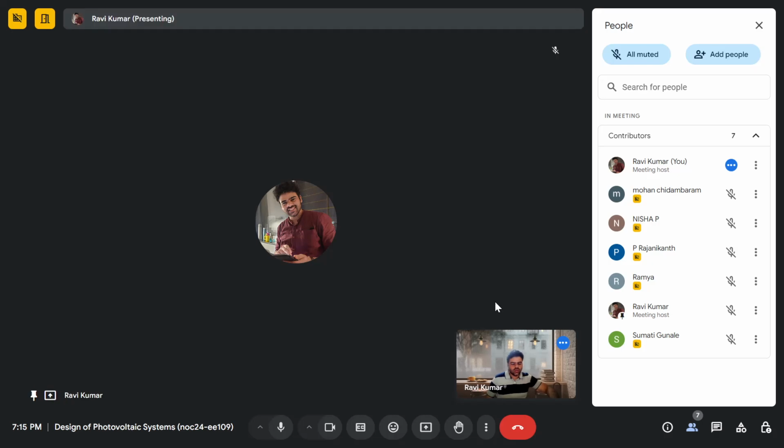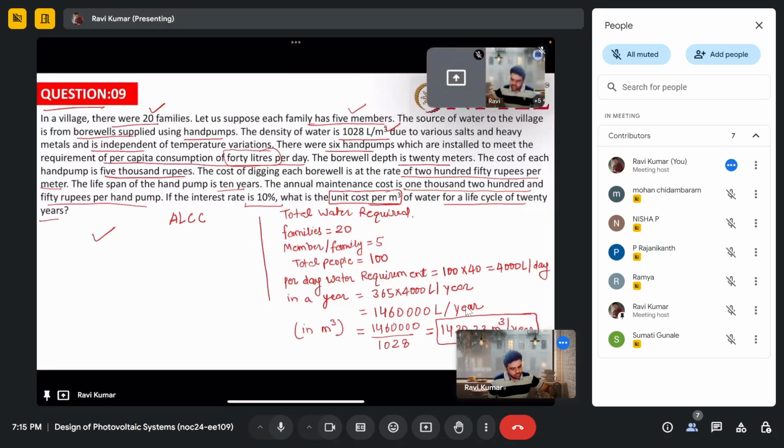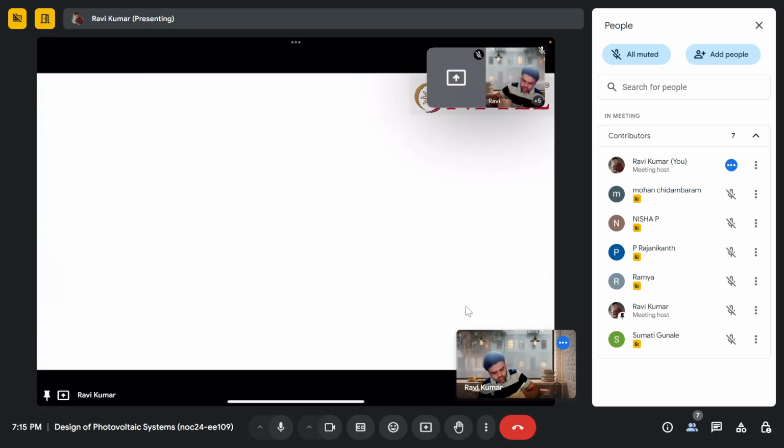So what we have got? 1420.23 meter cube per year water requirement. Now we will calculate this ALCC or LCC.